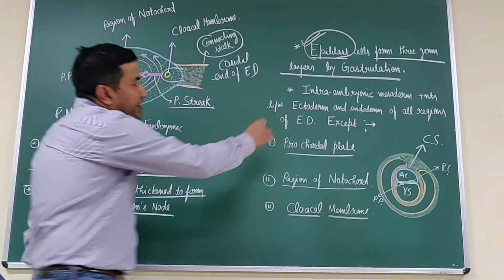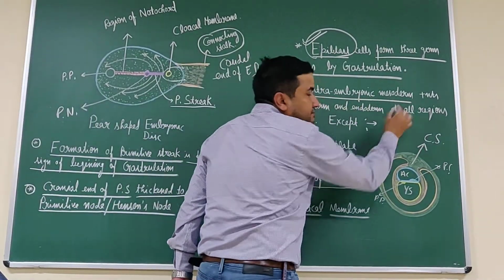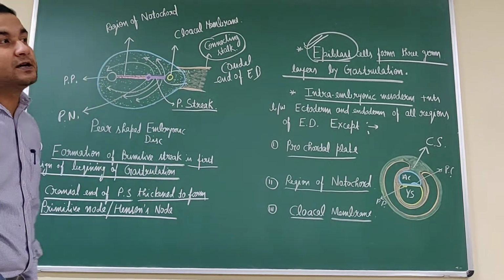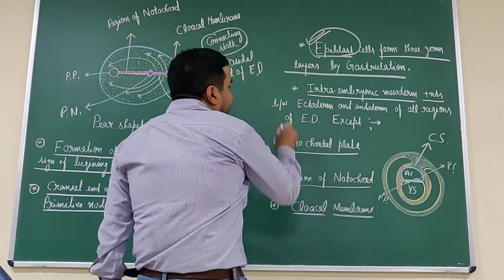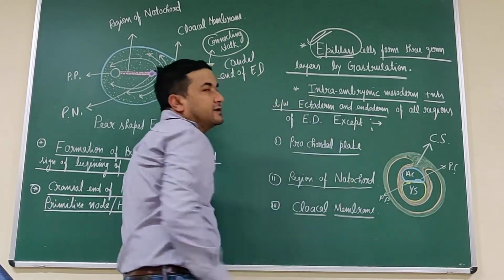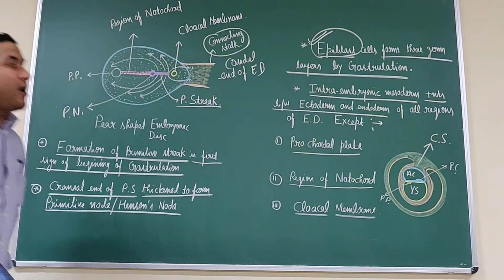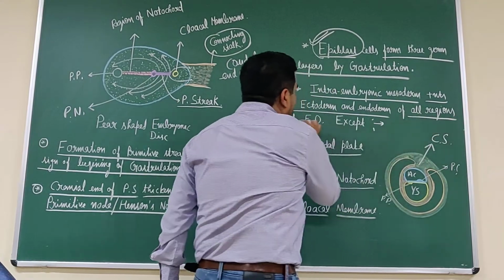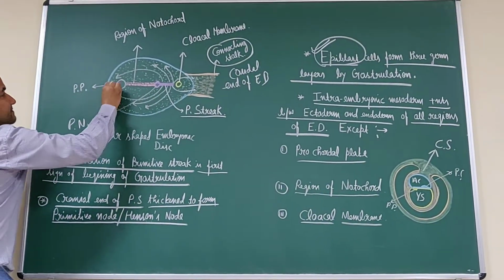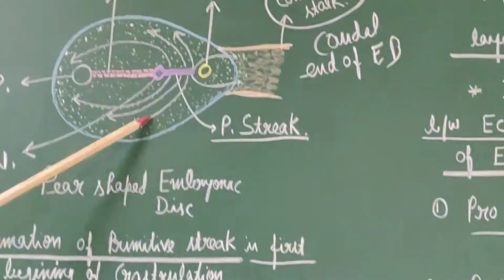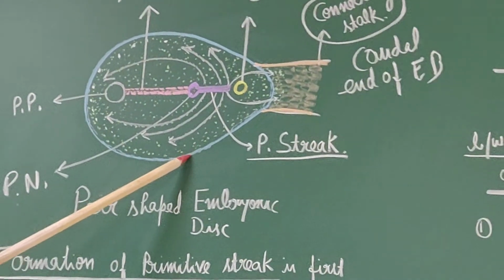Now this intra-embryonic mesoderm, formed by the primitive streak, is present between the ectoderm and the endoderm in all regions of the embryonic disc. This dotted area represents the intra-embryonic mesoderm.